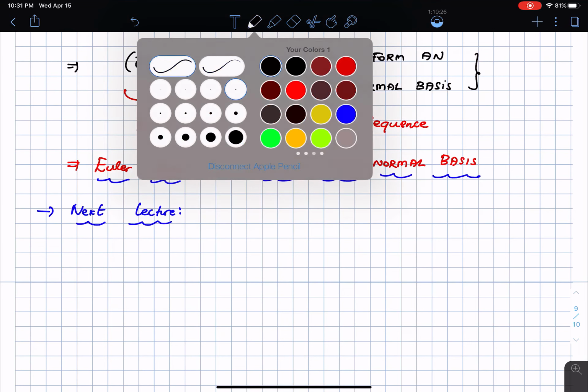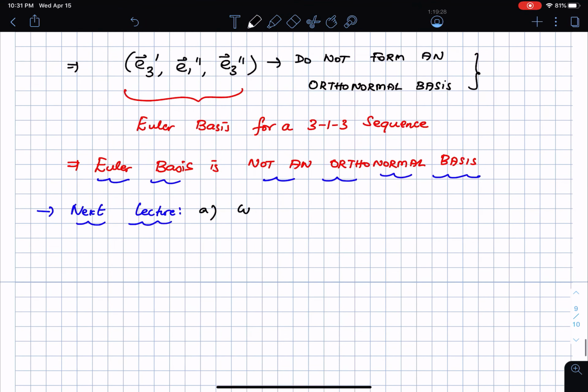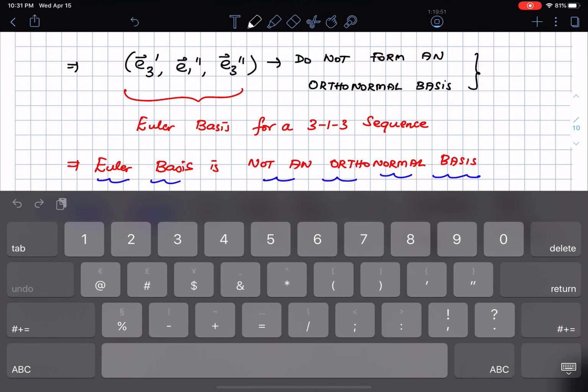In the next lecture we will be writing omega of the coin in a consistent basis, that is omega coin in the XYZ or double prime system.